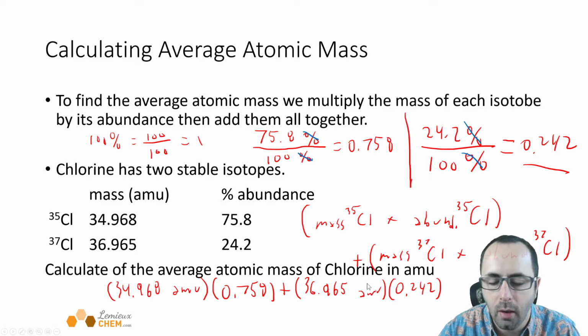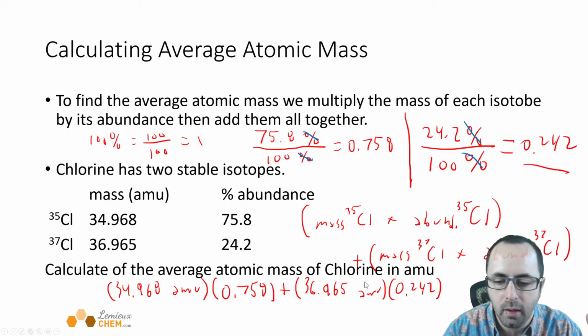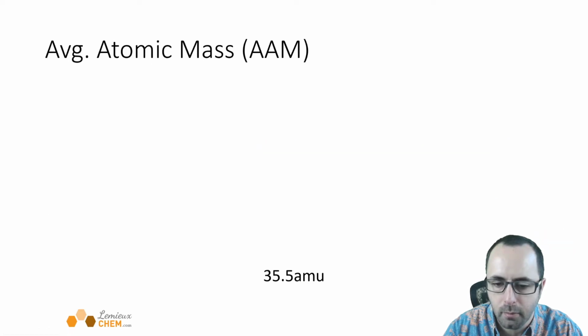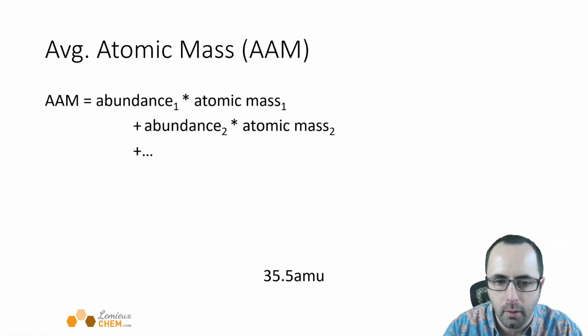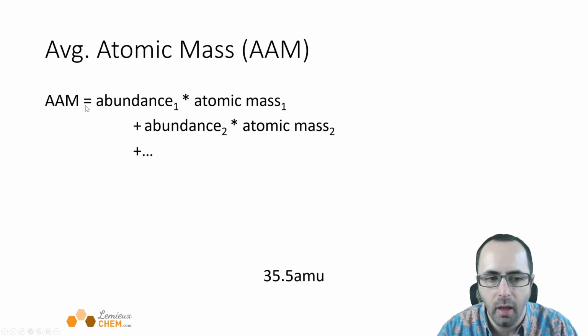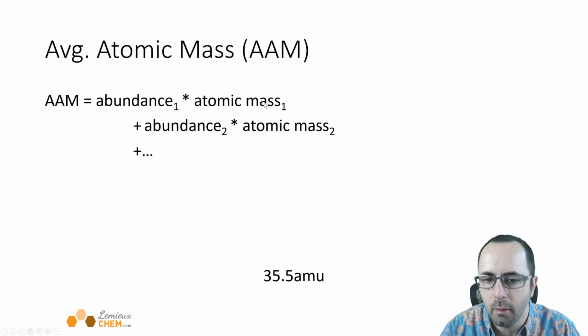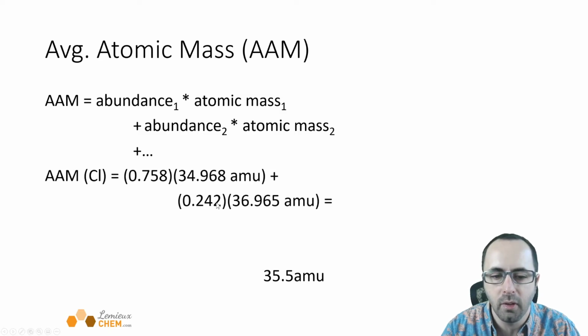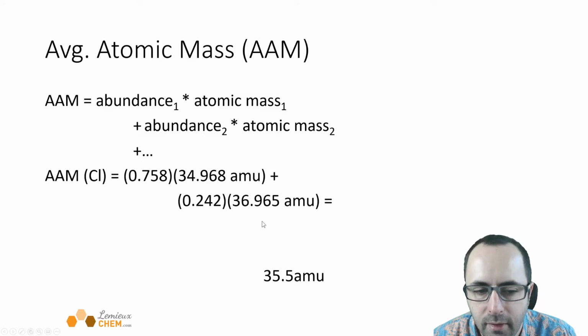And what I'd like to do now is break this down for you in terms of significant figures as well. Okay. So we have the average atomic mass is the abundance times the atomic mass plus the abundance times the atomic mass, and we keep on going. So this is what we had on the last slide.